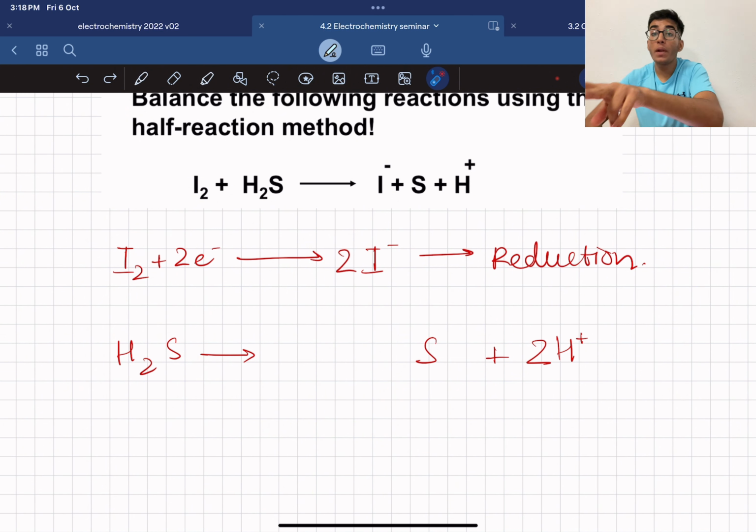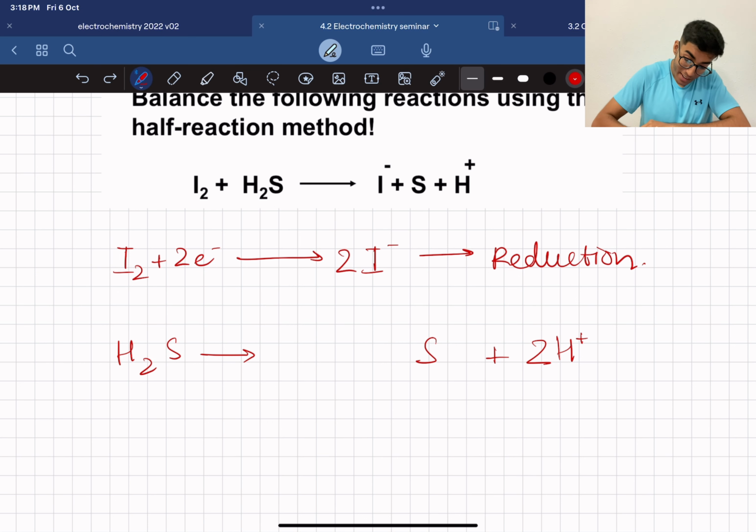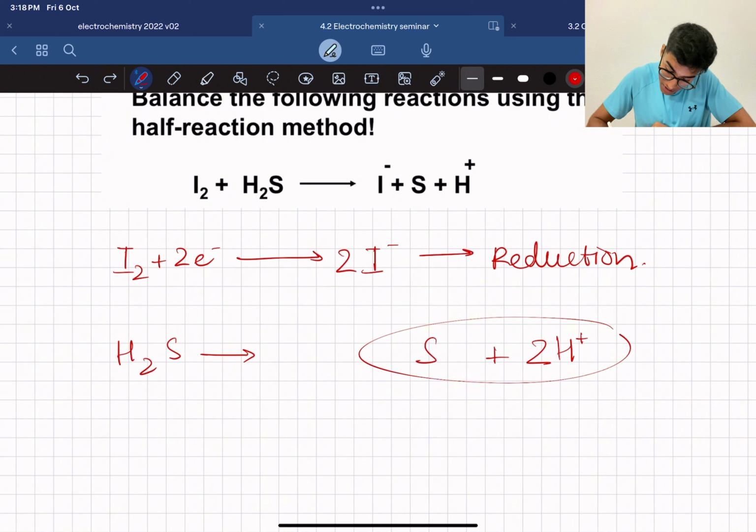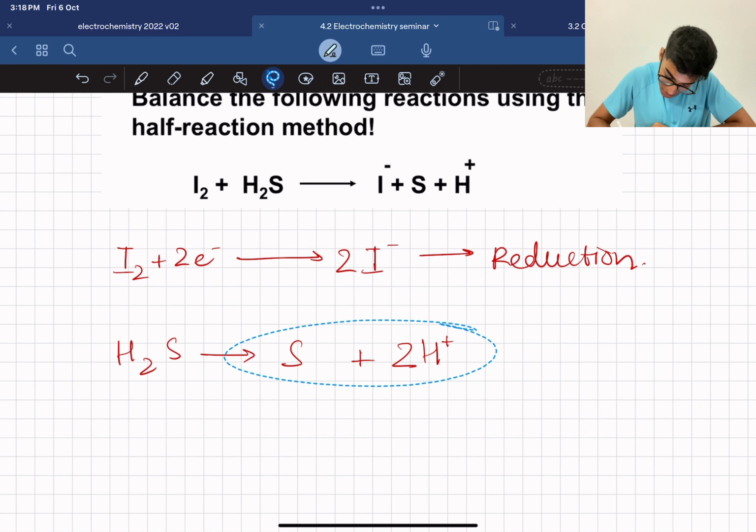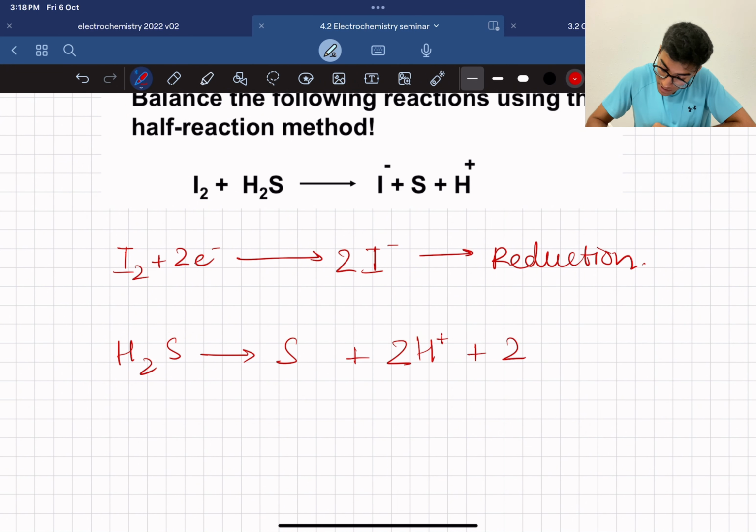If we see 2 plus, that means that it has 2 fewer electrons. So what do we do with the place which has fewer electrons? We add our electrons here. Plus 2e minus.